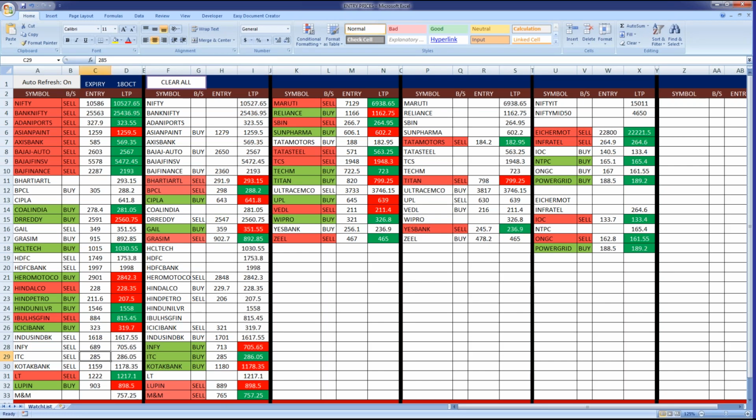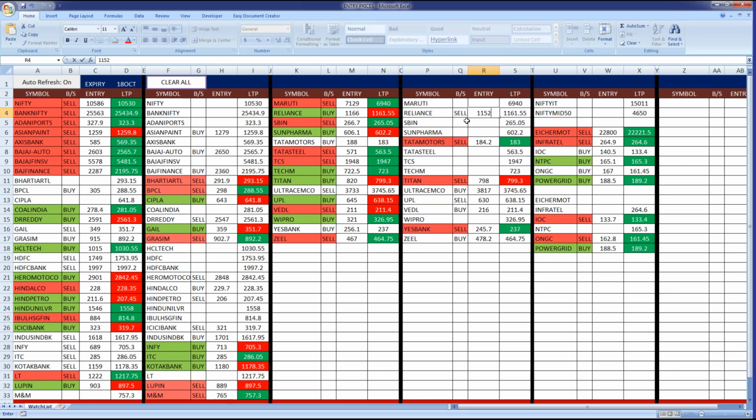And I have a call in Reliance. I think it's a sell call. Let me just check the chart. So I have a sell call on Reliance. My sell price is 1152. So I type sell 1152. I have already made profit on the buy side, Reliance.